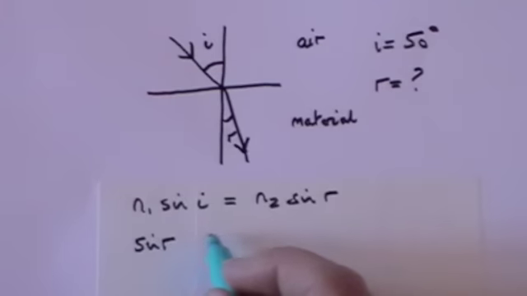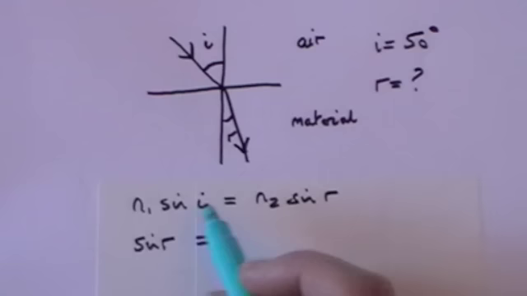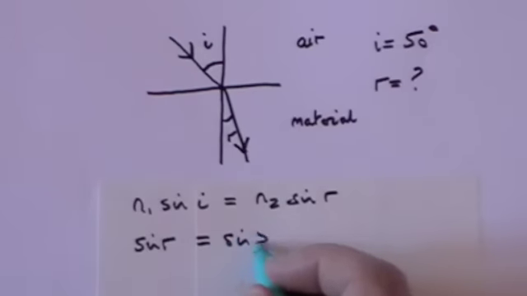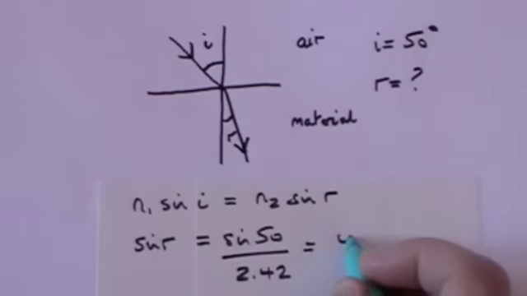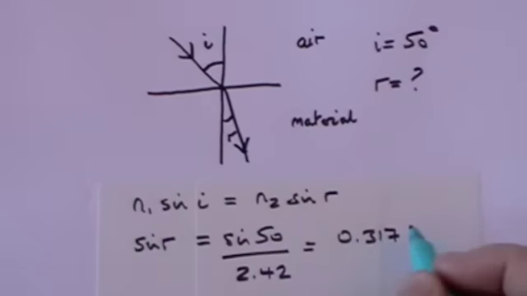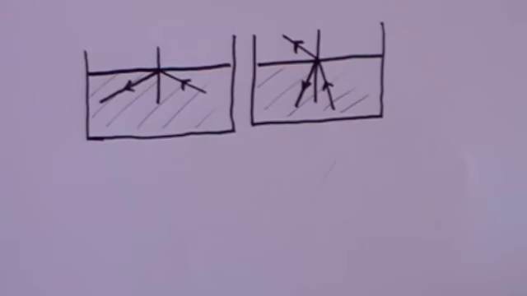So sine r is going to equal n1, which is simply 1, times sine i, which is sine 50, divided by n2, which we calculated was 2.42. And if you do that calculation, you'll find that comes to 0.317, which means that the angle r is 18.5 degrees.